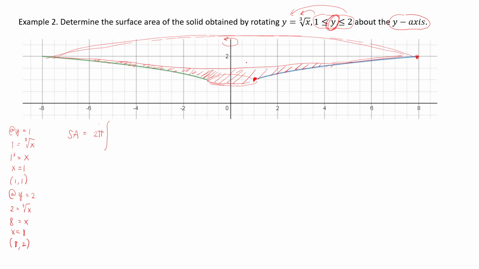Again, our radius is x, right? x, and then the square root of 1 plus, since we're in the y component, dx over dy squared, and then dy.